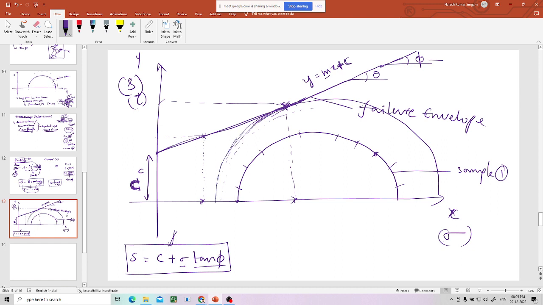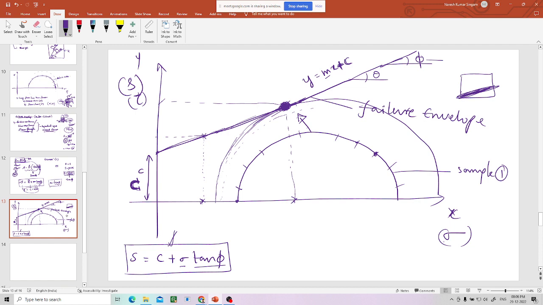Whenever the Mohr circle is touching the failure envelope at one point, that one point is nothing but one plane in the sample. That plane has reached its ultimate stresses. If you try to increase further, the soil will fail at that point.